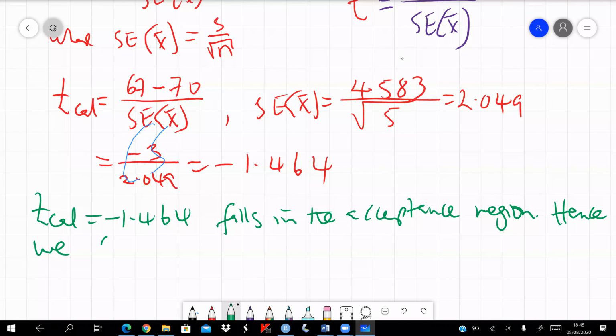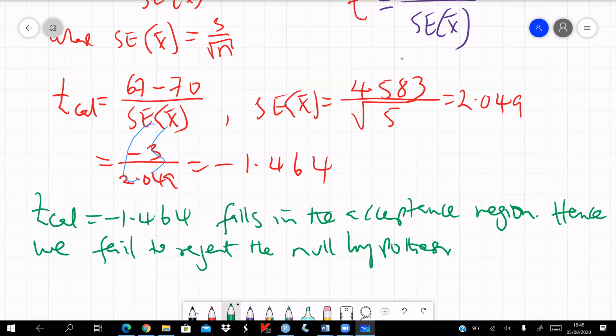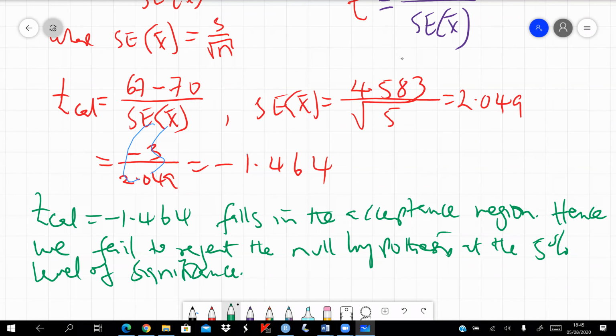Hence, we fail to reject the null hypothesis at the 5% level of significance. We fail to reject the null hypothesis.